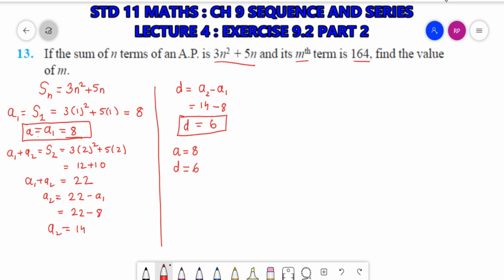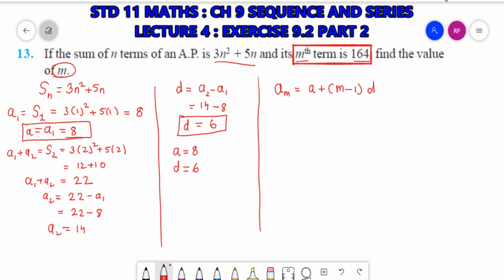Now see the question, it is given that the mth term is 164. We have to find out the value of m. So let's use the formula for the nth term. So here it's the mth term. So am will be equal to a plus m minus 1 d.